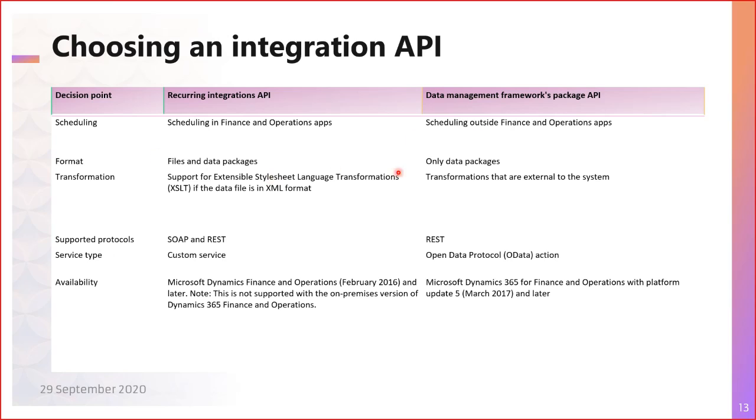It only supports data packages and transformations. You have to do your transformations external to the system. You have to make sure this makes a call through REST API, which you can definitely do with any external applications. Even using Postman, if you want to send some data back into finance and operations, you can test using Postman, and you can also write your .NET applications and so forth.